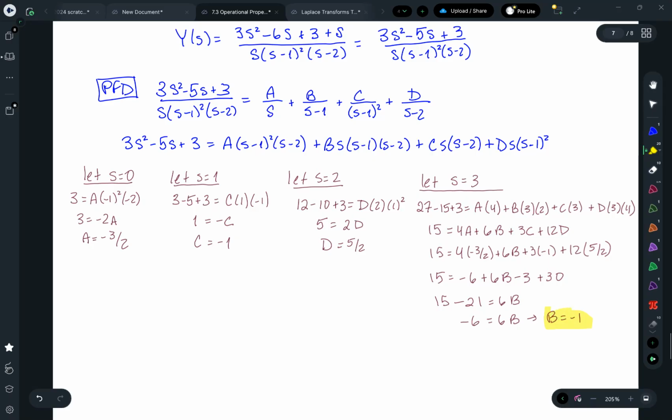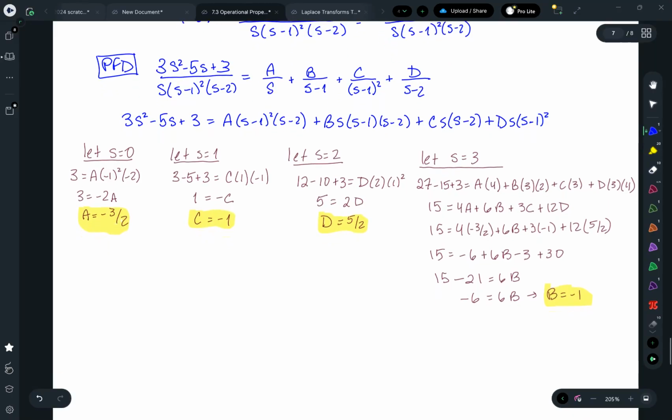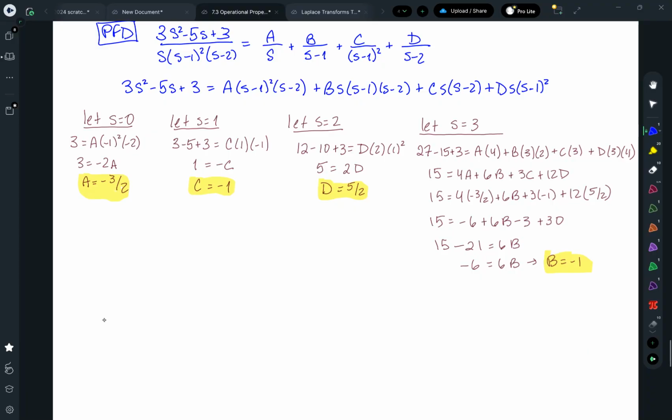So I have all of my numerators here. I can plug them in, and then I can go ahead and say that our little y of t is going to be the Laplace inverse of a over s, so negative 3/2 over s, plus b over s minus 1, so that's minus 1 over s minus 1, plus c, which is minus 1 over (s minus 1) all squared, and then plus d, which is 5/2 over (s minus 2), sorry, s minus 2.